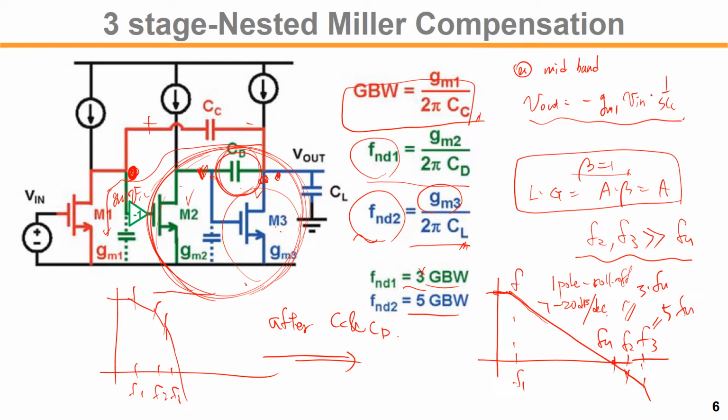So when we analyze this amplifier's stability, we assume that beta is 1. That's why we plot this amplifier's open-loop gain and then analyze the location of the poles and zeros.